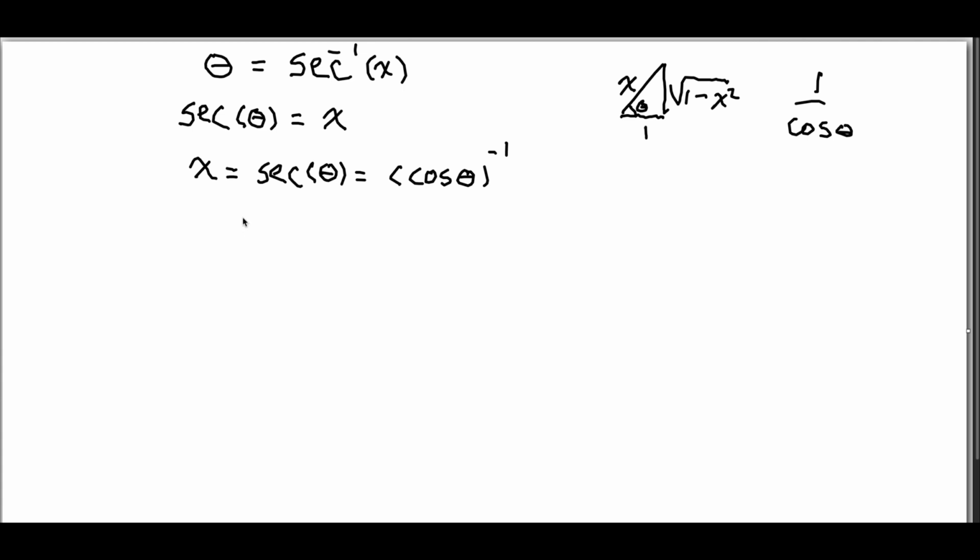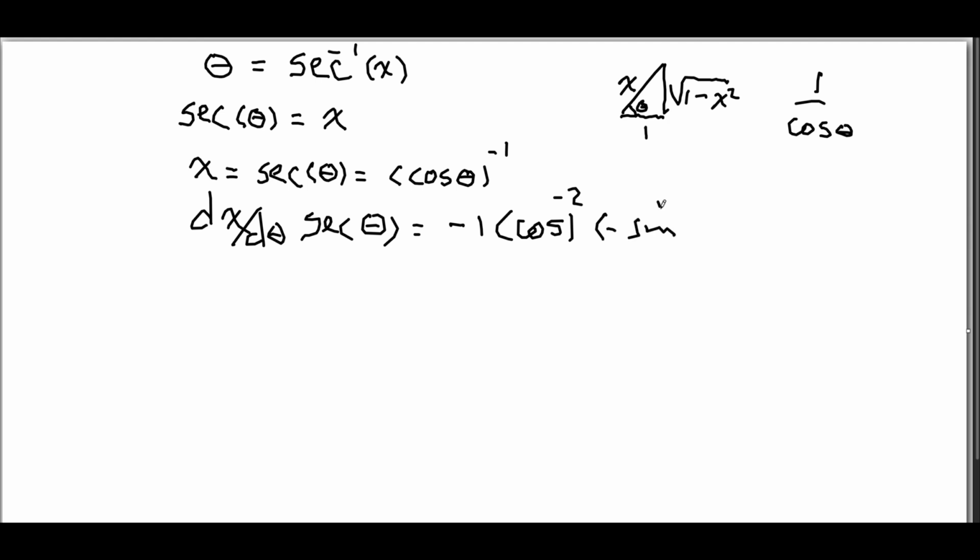So if we want dx d theta, the derivative of secant of theta equals -1 times cosine to the -2 times negative sine of theta.